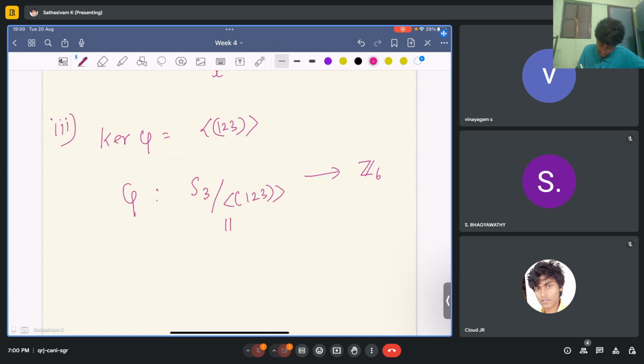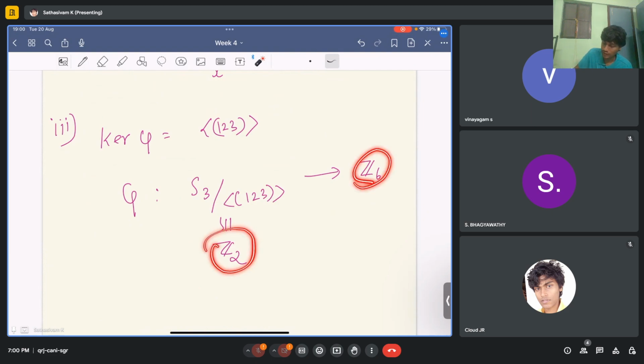And you observe that this quotient is isomorphic to Z2. So the question is, is Z2 sitting inside Z6? If Z2 is sitting inside Z6, then I can give a homomorphism. Otherwise, I cannot.